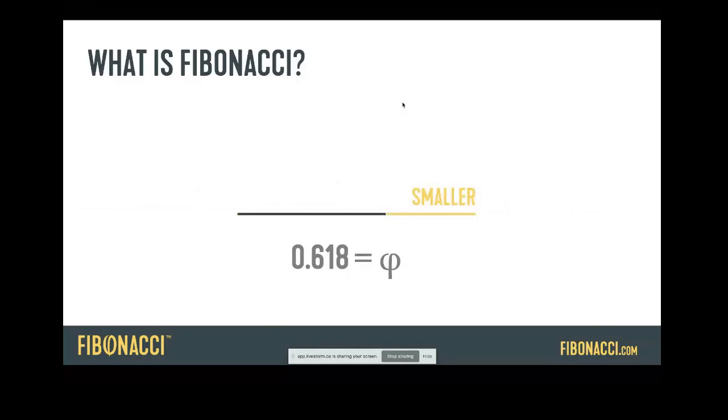So let me do that again. The ratio between the smaller portion to the larger portion is equal to the ratio of the larger portion to the whole. And what point is that? It is 0.618, the same point that we just looked at when we did that division of the Fibonacci sequence.